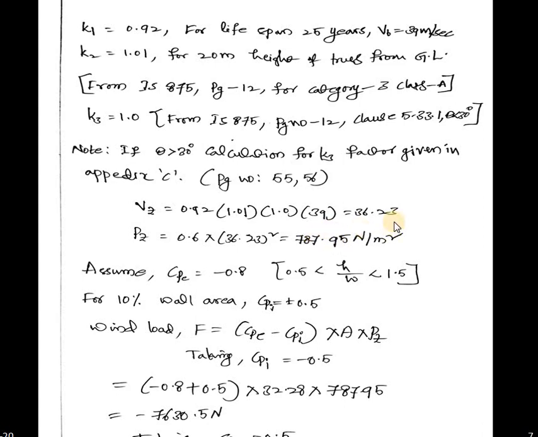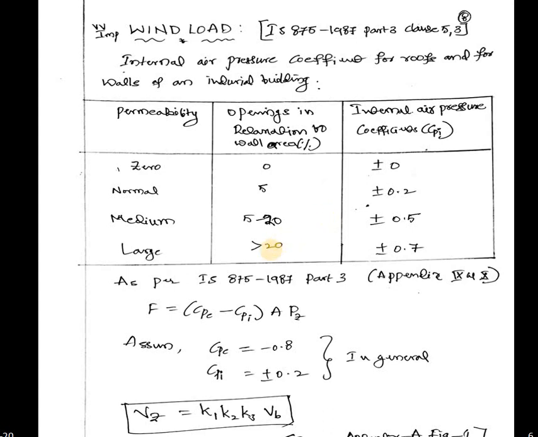Now just see here, K1, K2, K3. What is the value? This is K1, this is K2, this is K3, right?